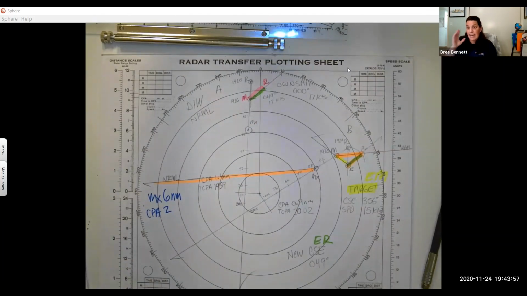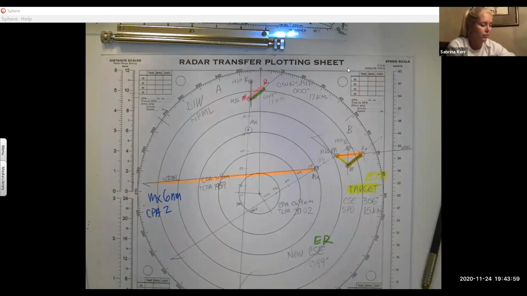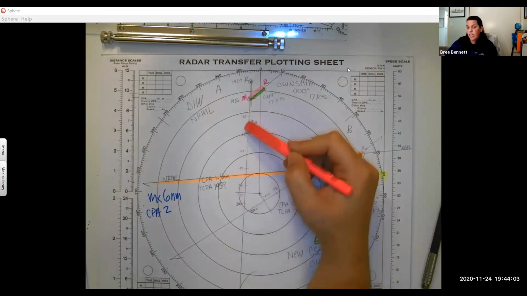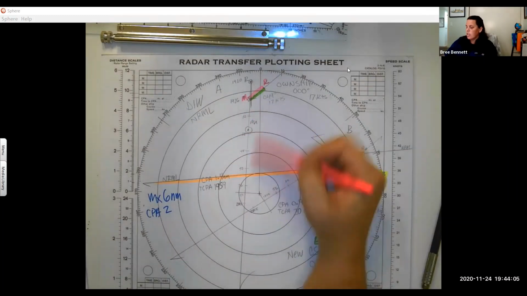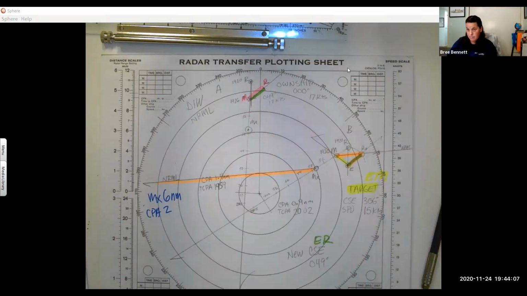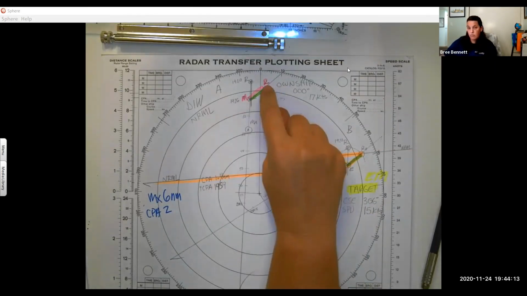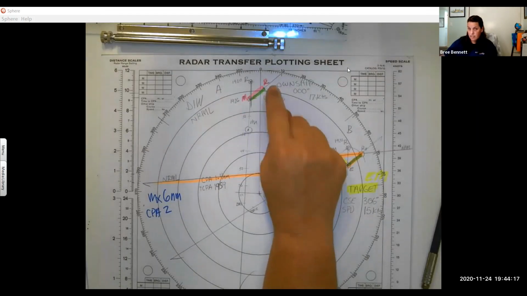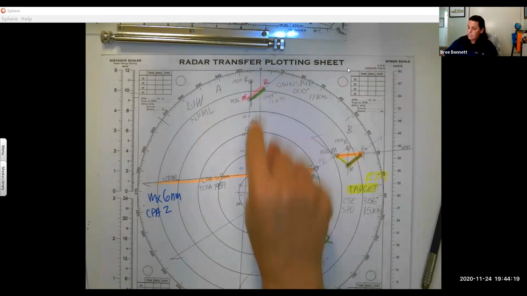So we did it at that instant in time. So to find the MX on the other least dangerous target, we use time. We'll always use time. So my relative motion line on the least dangerous target here, I'm going to transfer to my MX.